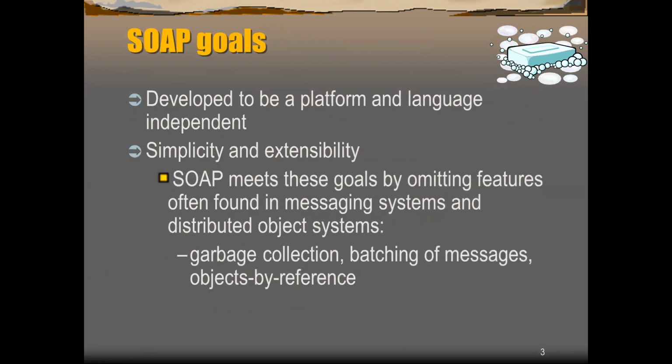So why do we go for SOAP? The main goal of SOAP is that it is a platform and language independent protocol, and it is simple and extensible. Features like garbage collection, batching of messages, and object file references are all omitted in SOAP so that it is simple and extensible.